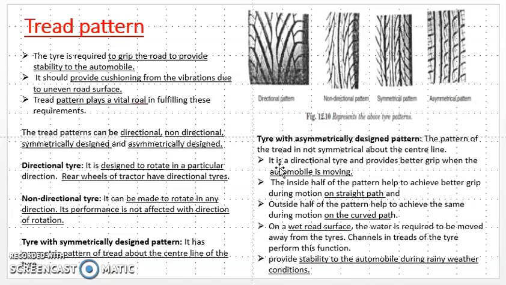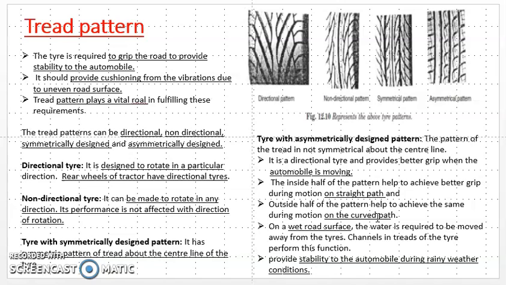We have also seen the tire tread pattern and its importance: directional, non-directional, symmetrical, and asymmetrical. In asymmetrical, combinations of all these different tread patterns are there. When the vehicle is moving straight, the directional tread patterns are used.